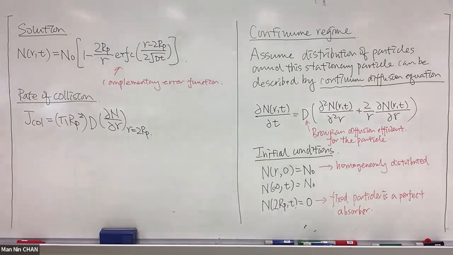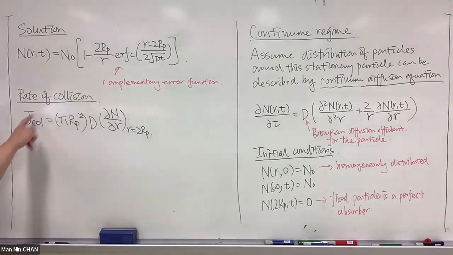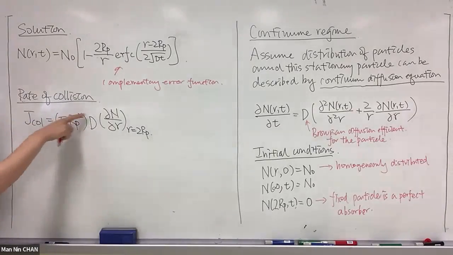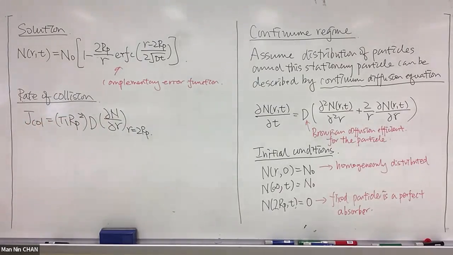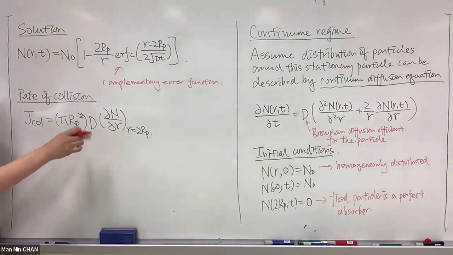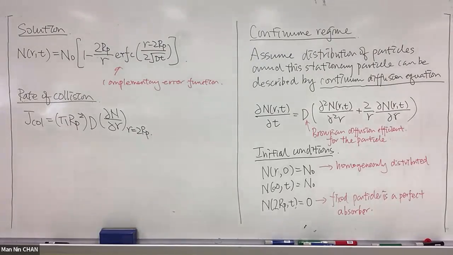If we want to calculate the rate of the collision, you can see some of the terms in this equation. We are looking at the effective surface area of the particle, because this is the area for the collision to happen. So this is the targeted surface area for collision.